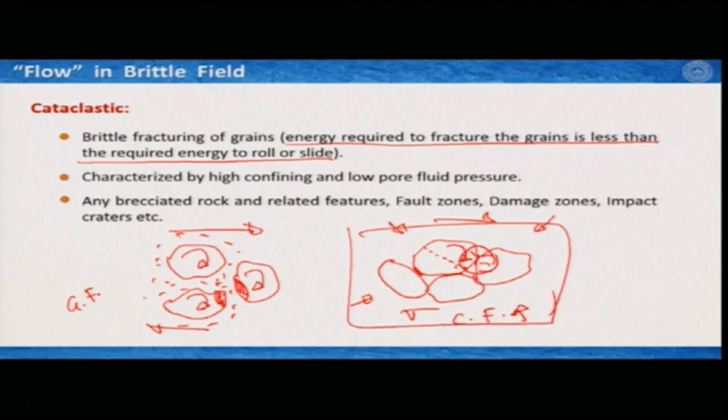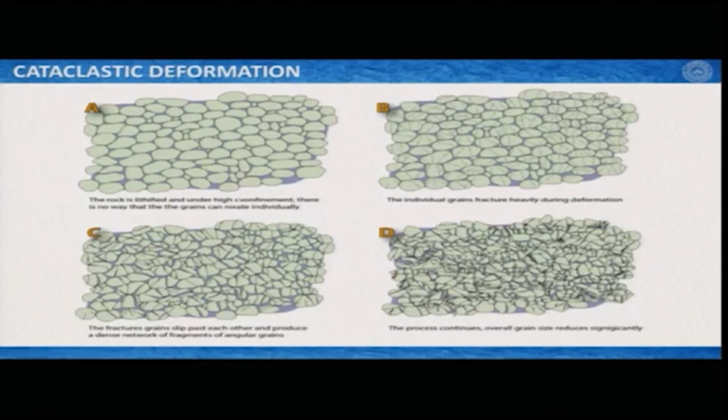So, we see in the next illustration. What do we see here, these 4 illustrations. In A we have some compacted matrix, this dark grey, and these greenish grains. Now, when the deformation comes in these sort of settings, which is highly compacted, lithified and has significant confinement, then the grains cannot rotate.